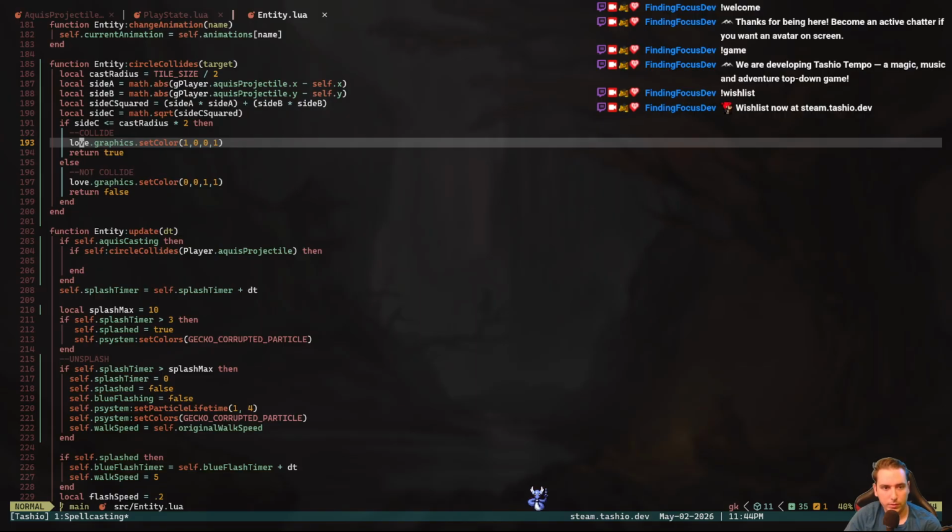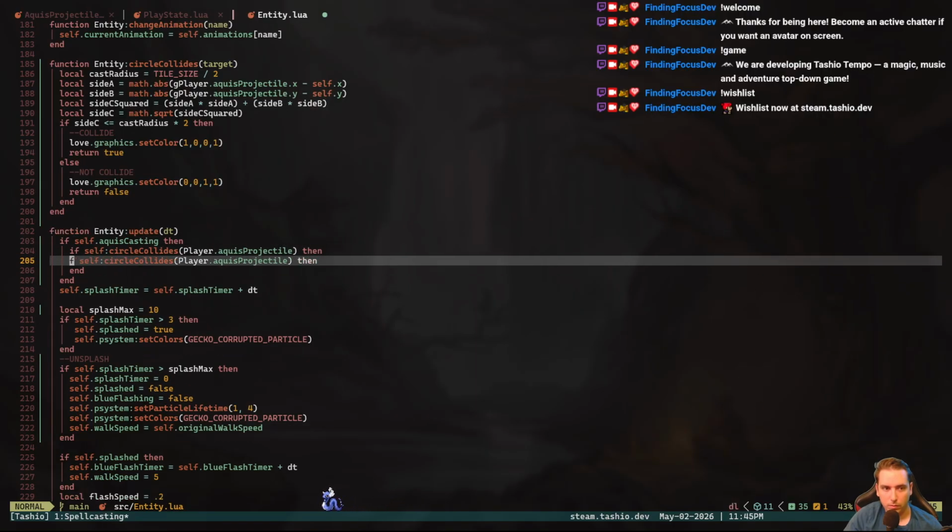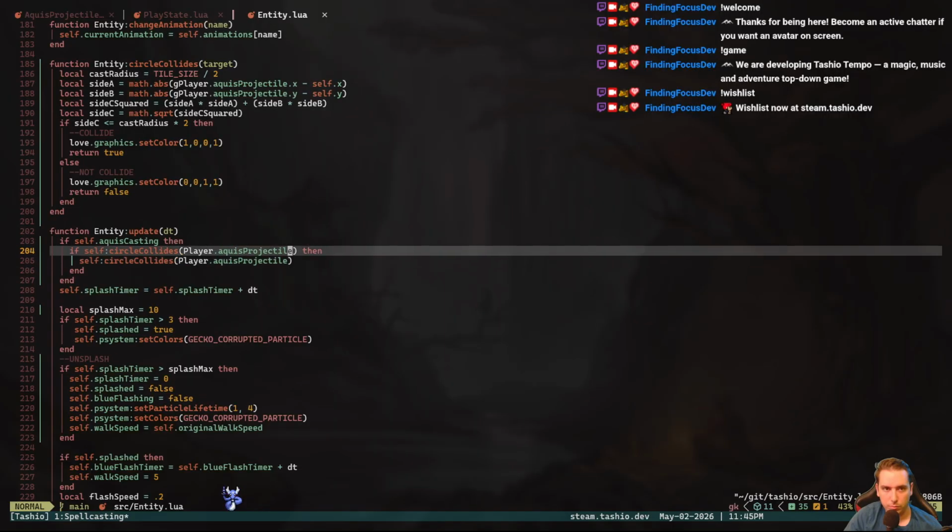But actually we set the color here when we run the method, so we might have to run the method instead of invoke a conditional or whatever that means. So here we're just going to say, let's run that circle collides, and the target we'll give it is aqueous projectile.